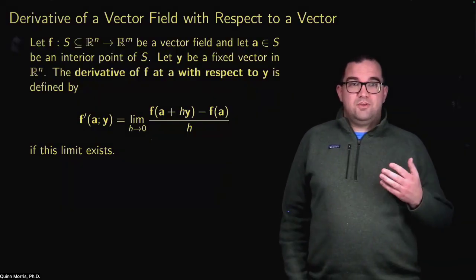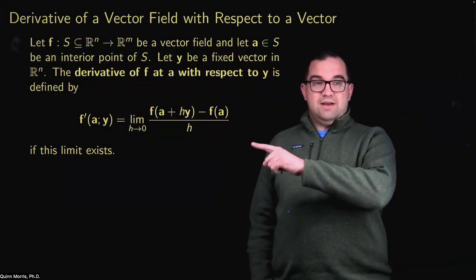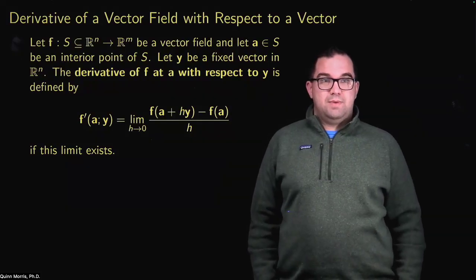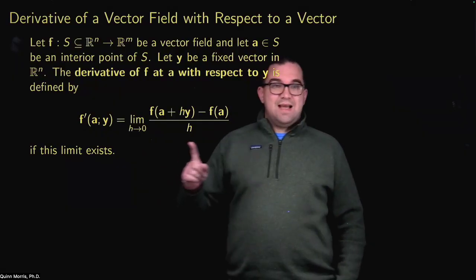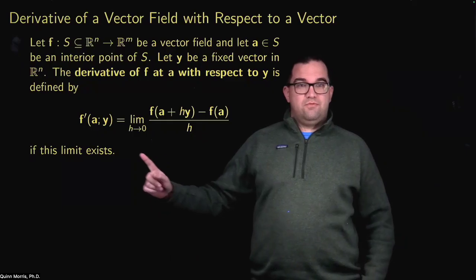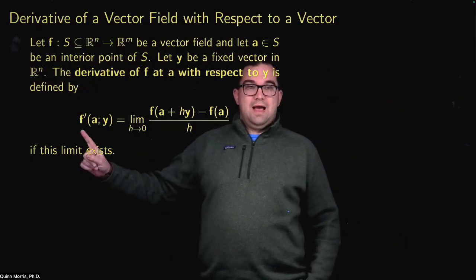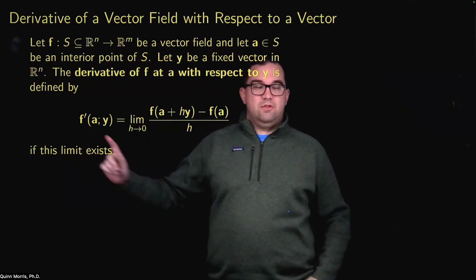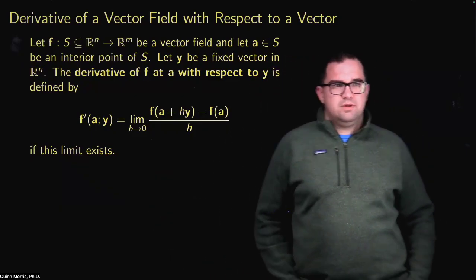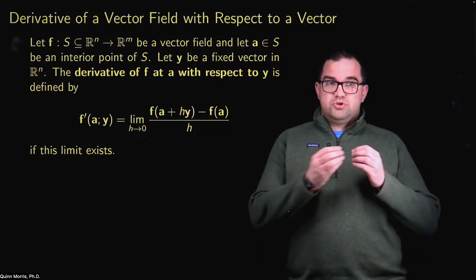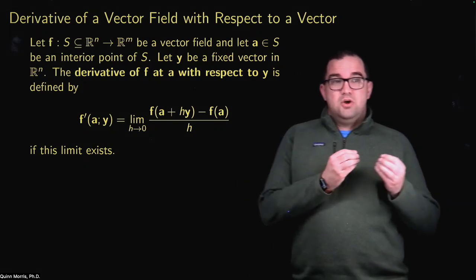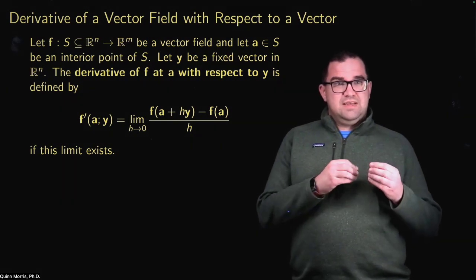Then I'm going to define the derivative of the vector field F at A with respect to Y in exactly the same way we did it for a scalar field. The only difference is that I have a vector field instead of a scalar field. When you start changing types of things, we do need to take a little care to make sure everything is still defined.